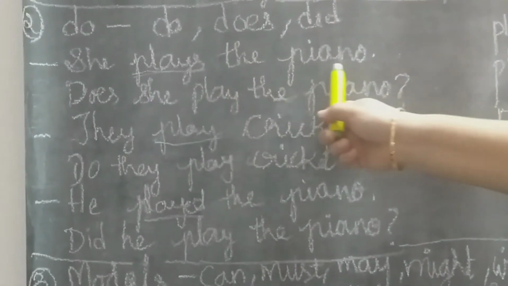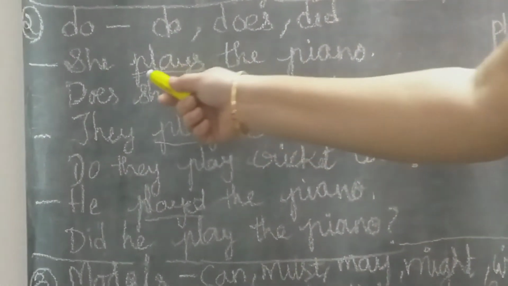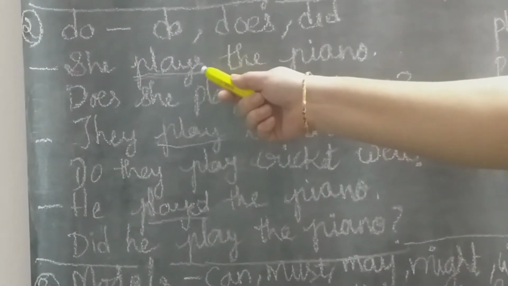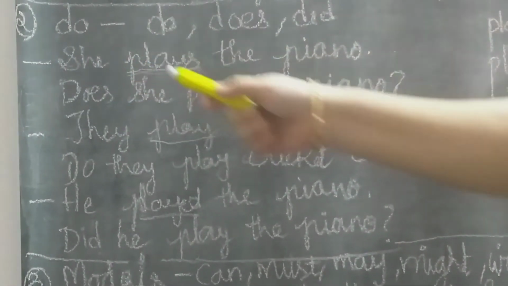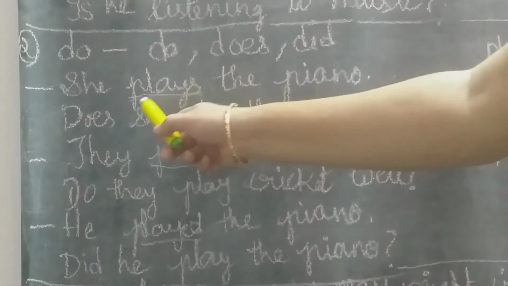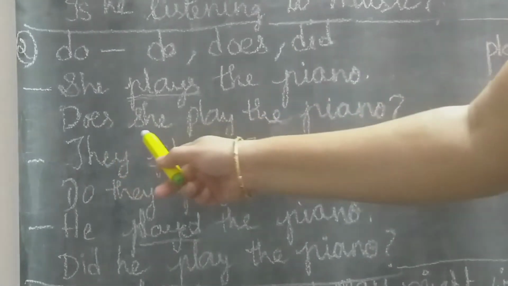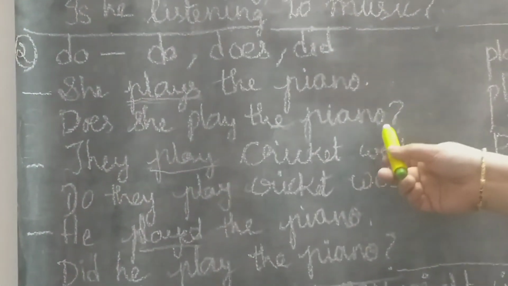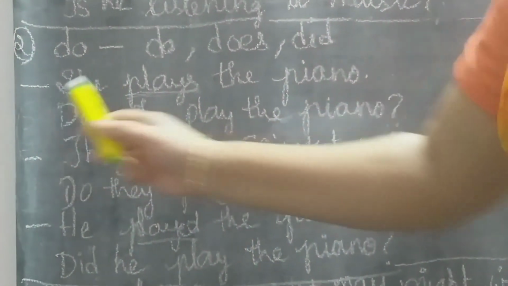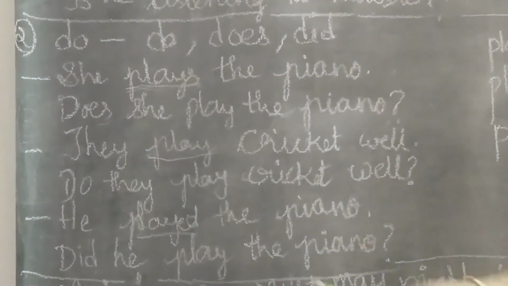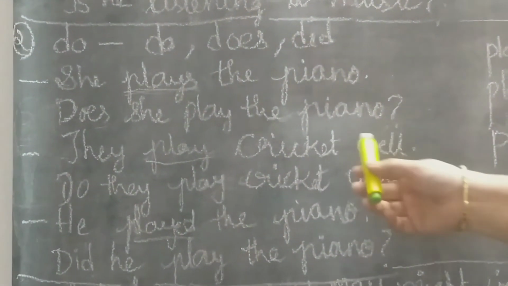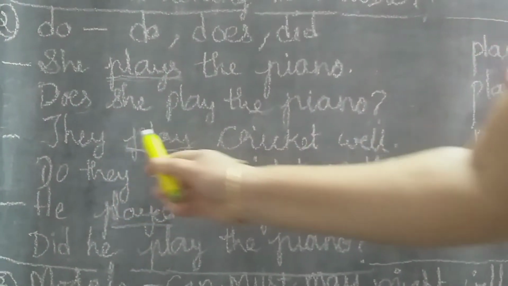Look at the example here. She plays the piano. Here we have the main verb plays. We don't have any helping verb here. So we have to choose a suitable form of the auxiliary verb do. So does she play the piano becomes an interrogation. So does is the word which we used here. Another one, they play cricket well. Here play is the main verb.